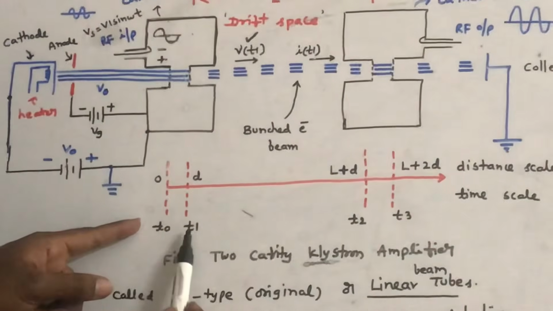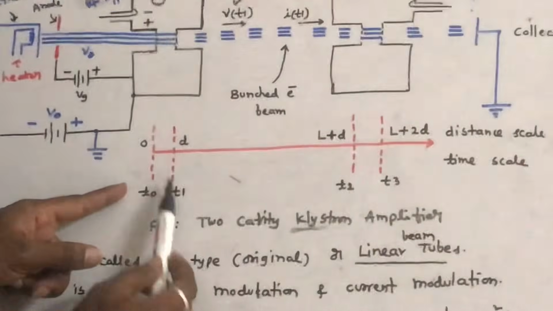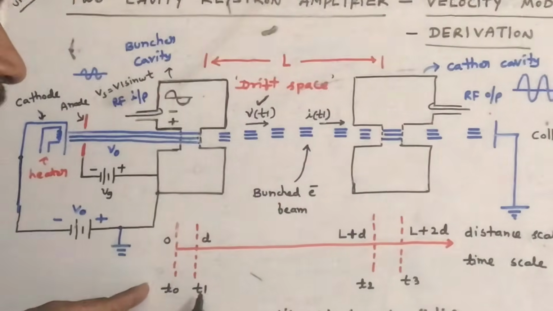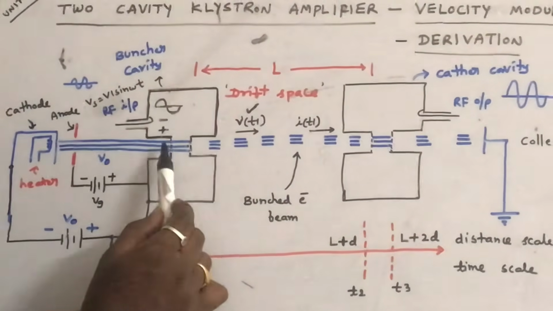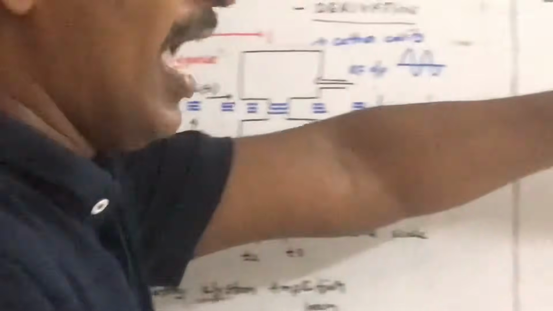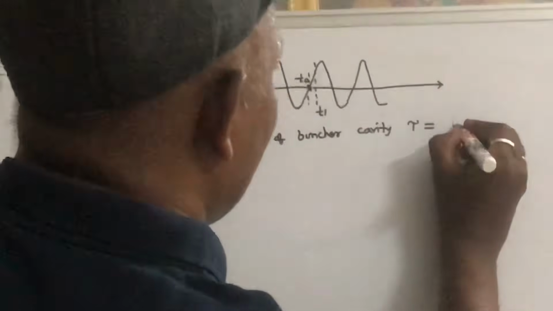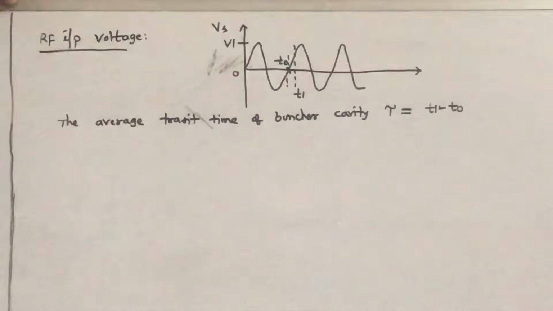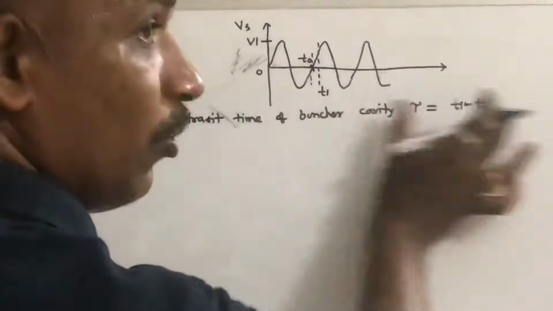The average transit time is T1 minus T0. Let us check it out. What is the time taken by the electron to leave this gap? T1 minus T0. So that is called the average transit time of the buncher cavity gap. So from this diagram, tau is written as T1 minus T0. Very simple. T1 minus T0 is the average time taken by the electron to leave this gap.